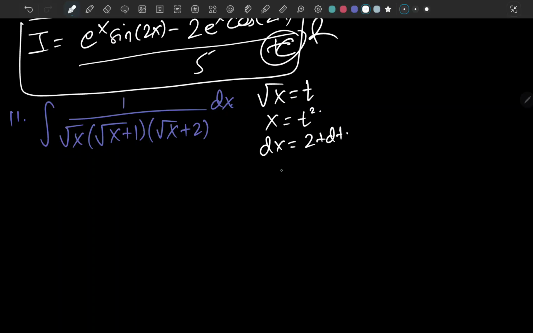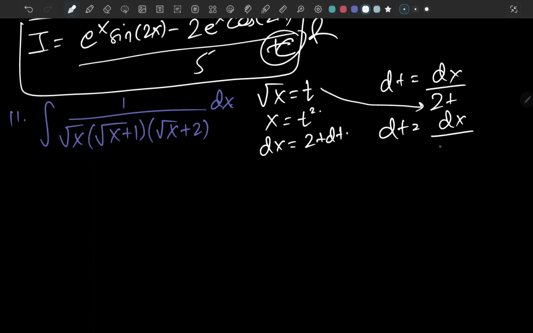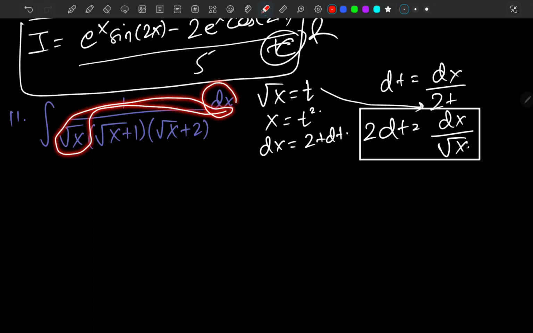So dt becomes dx over 2t, and t is square root of x, so dt becomes dx over 2 square root of x. So now we're just going to replace this thing along with this thing with 2 dt.